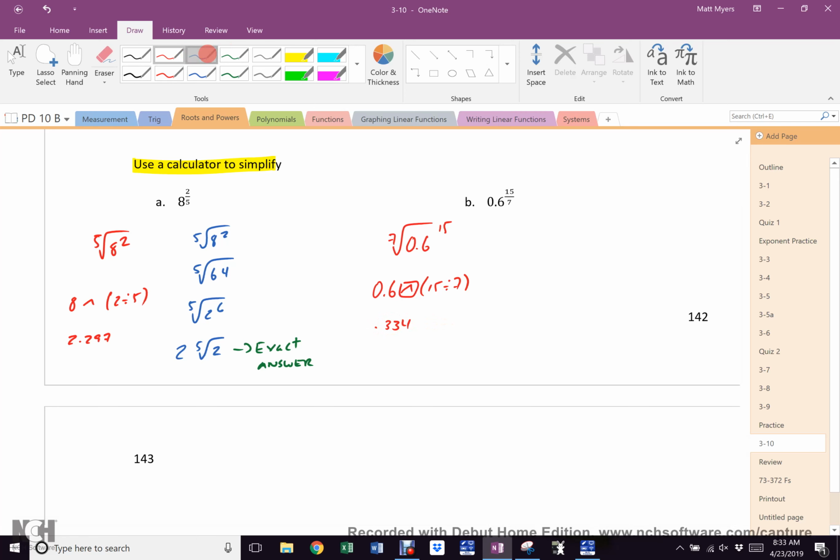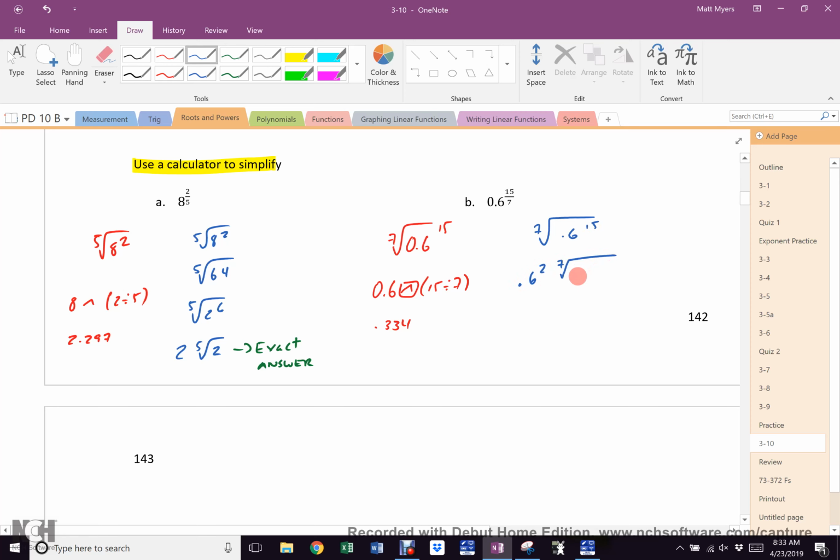Now, how would we get it exactly? 7th root of 0.6 to the 15th, right? How many groups of 7 can I get out of there? 2. So it would be 0.6 squared, 7th root.